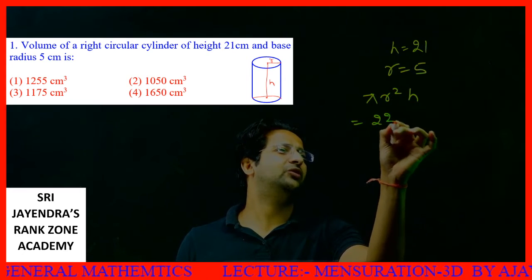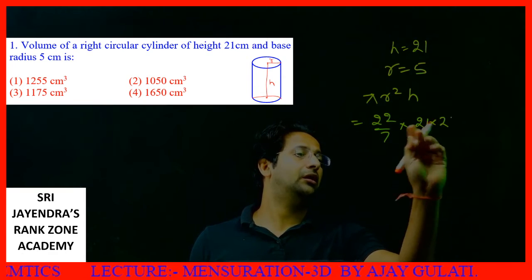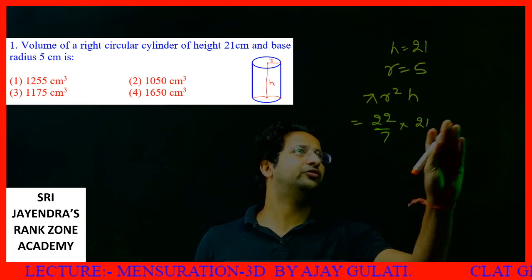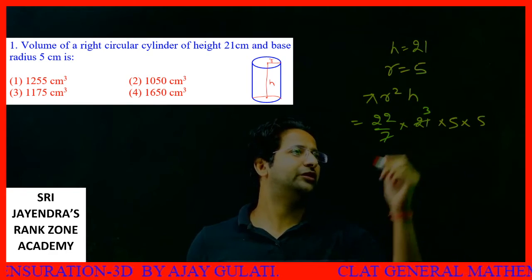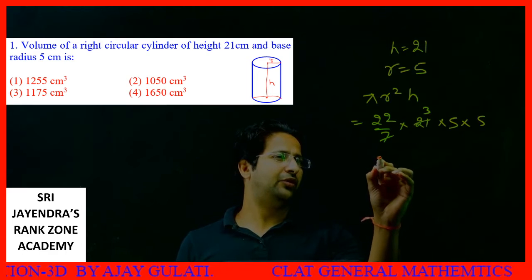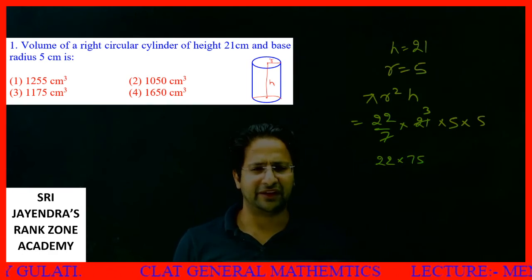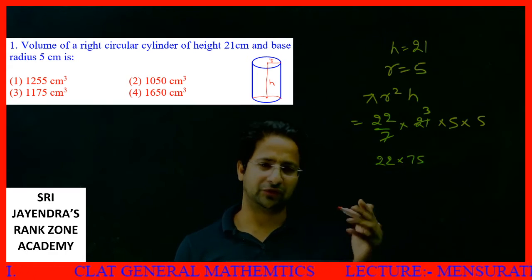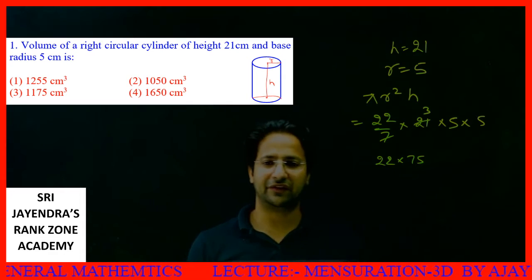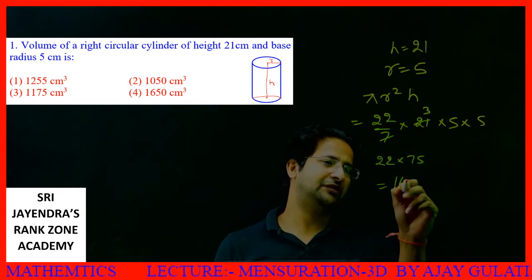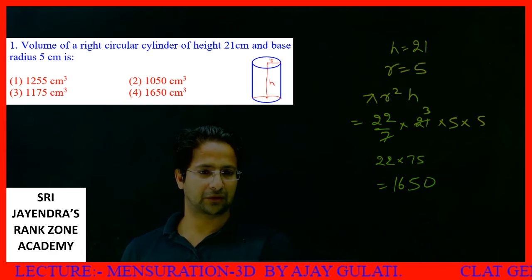Pi means 22 by 7, r square is 5 into 5, and h is 21. The 7 cancels with 21, giving me 3. So we have 22 into 75. Very easy. 75 into 2 is 150, 75 into 20 is 1500. 150 plus 1500 will give me 1650. I hope it's clear to all of you.